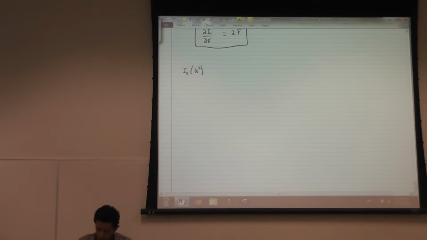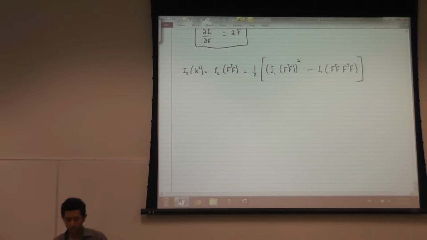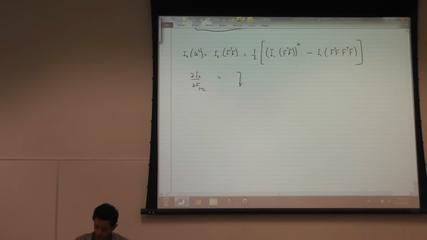I2 of U squared, which is equal to I2 of F transpose F, is equal to half I1 of F transpose F squared minus I1 of F transpose F times F transpose F. If you take partial I2 by partial F_ML, actually let's do it in component form first.